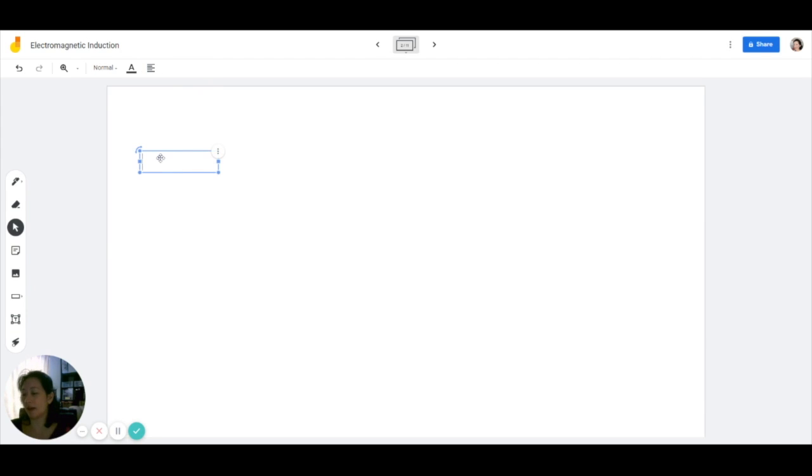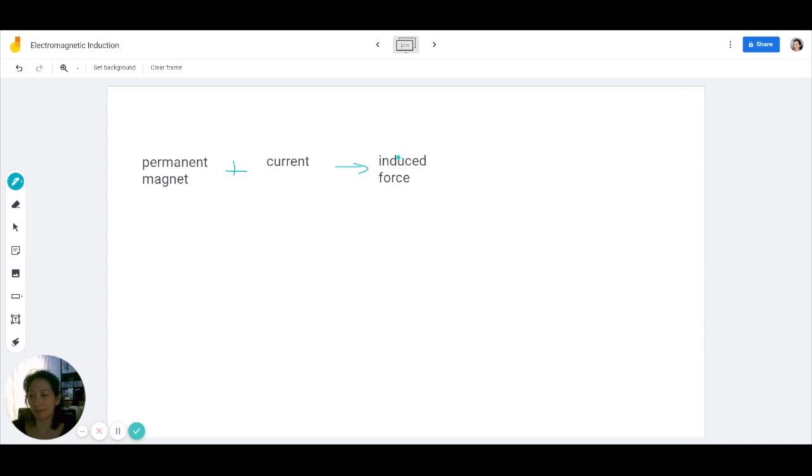If we have magnetic fields from permanent magnets and we place a current carrying conductor in that magnetic field, I'm just going to put current over here. The combination of these two will induce force. I'm going to put it as induced force because this is the product of these two combined.